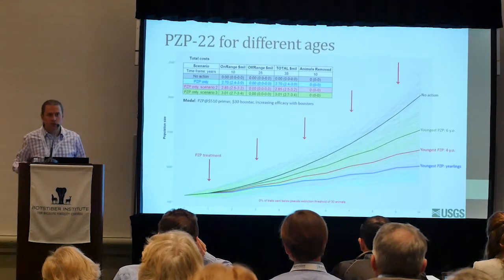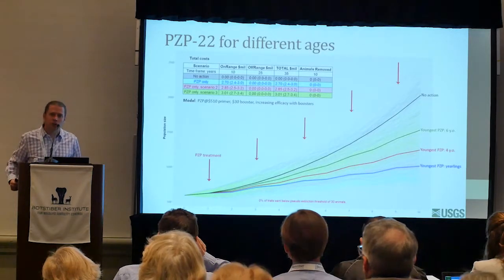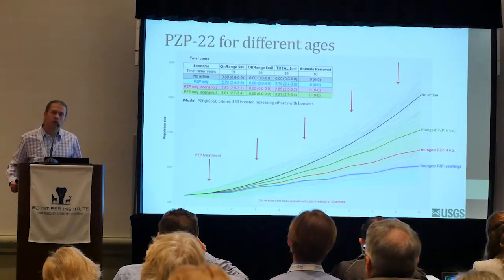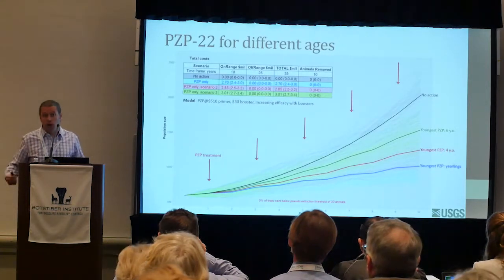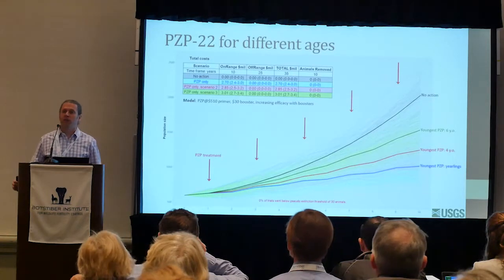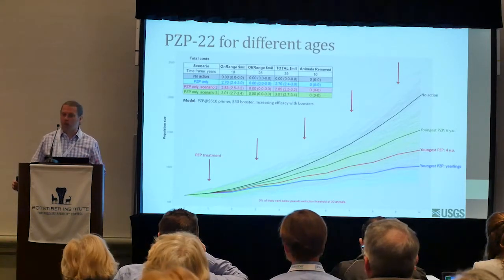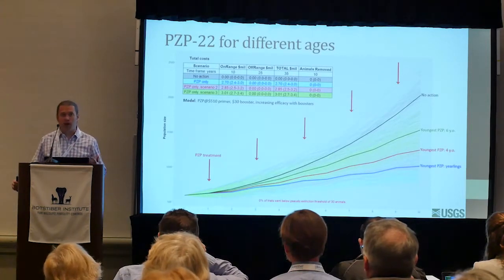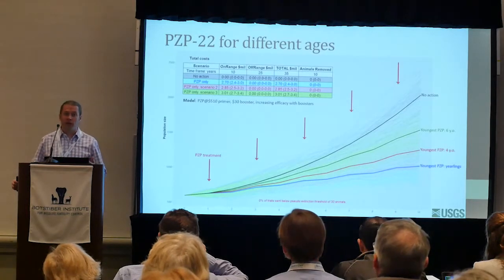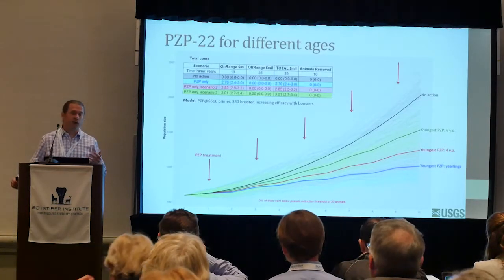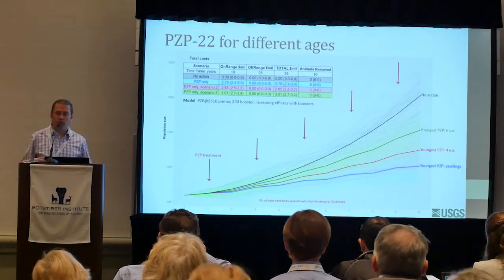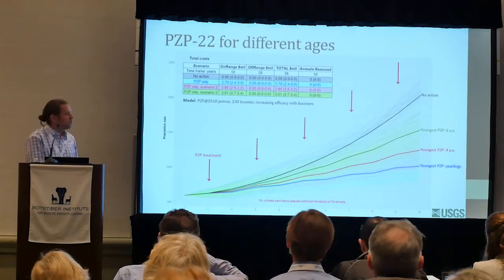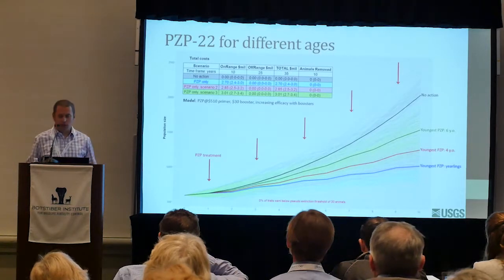And the reason it's the cheapest, even though I'm proportionally treating fewer animals every time, is that there are more and more animals out there. The population is growing faster. So every gather I do, there are more animals I have to gather, which costs $800 a head, and more animals that I then have to treat. So essentially what this shows is that we should be treating starting with the yearlings. All right, so that's the first part.